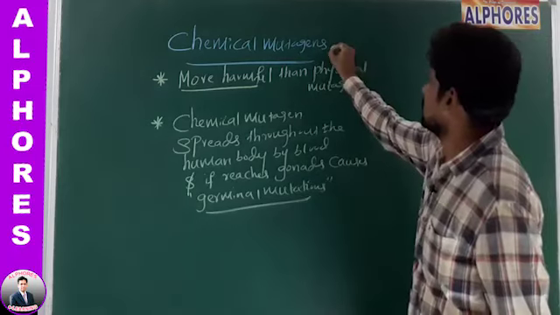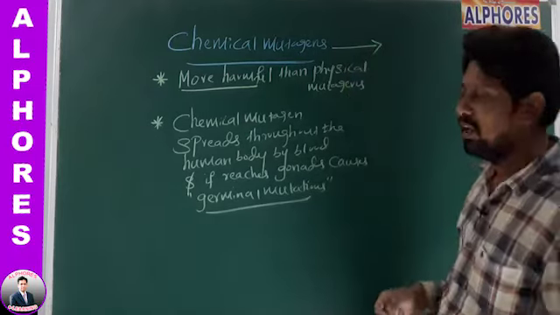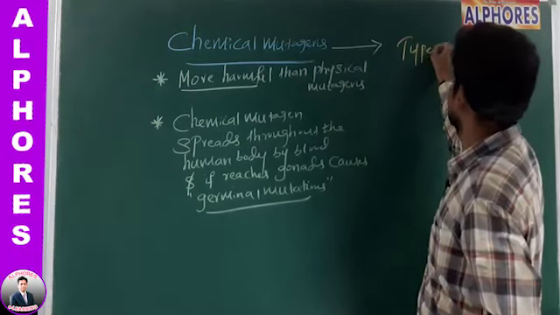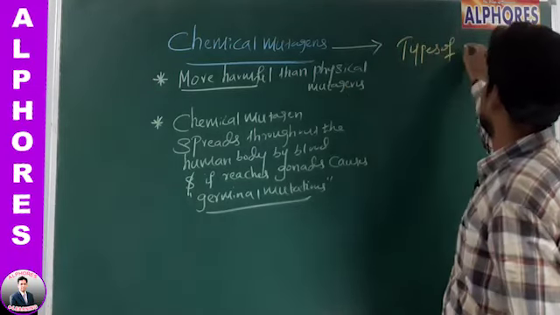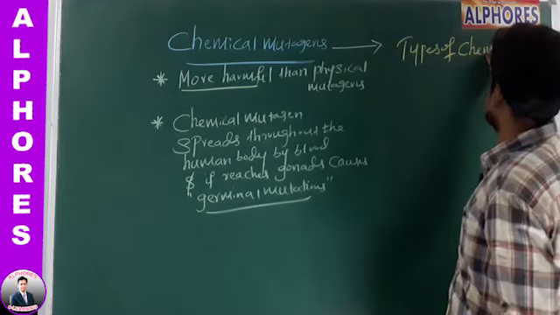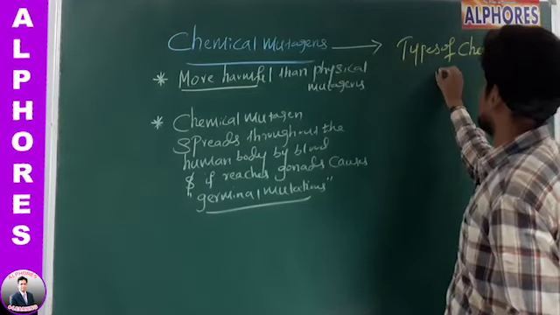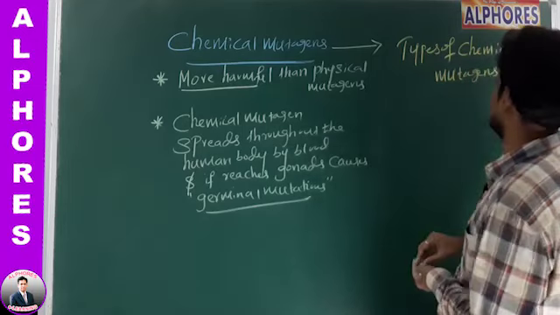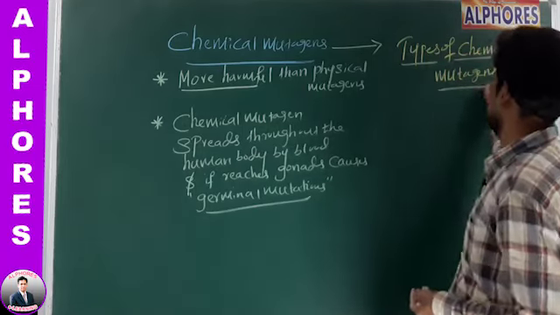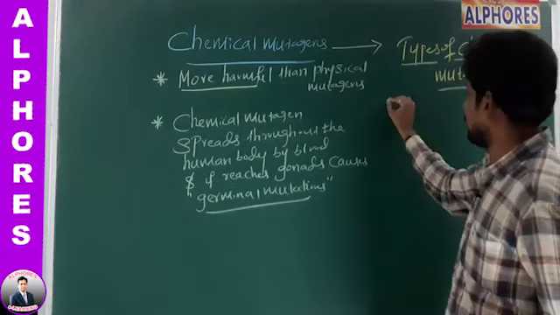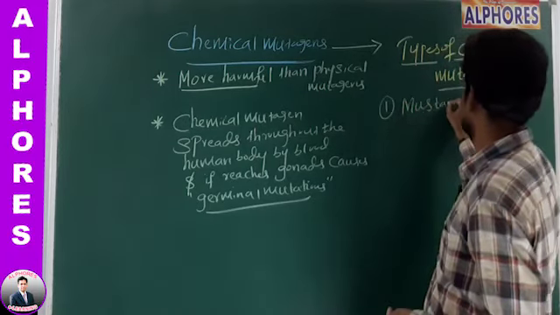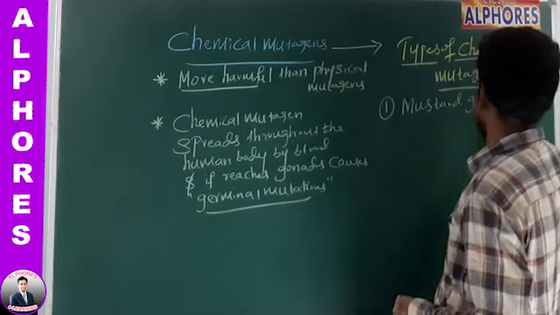Okay, we are discussing chemical mutagens. Go for the types of chemical mutagens. Number one, mustard gas.